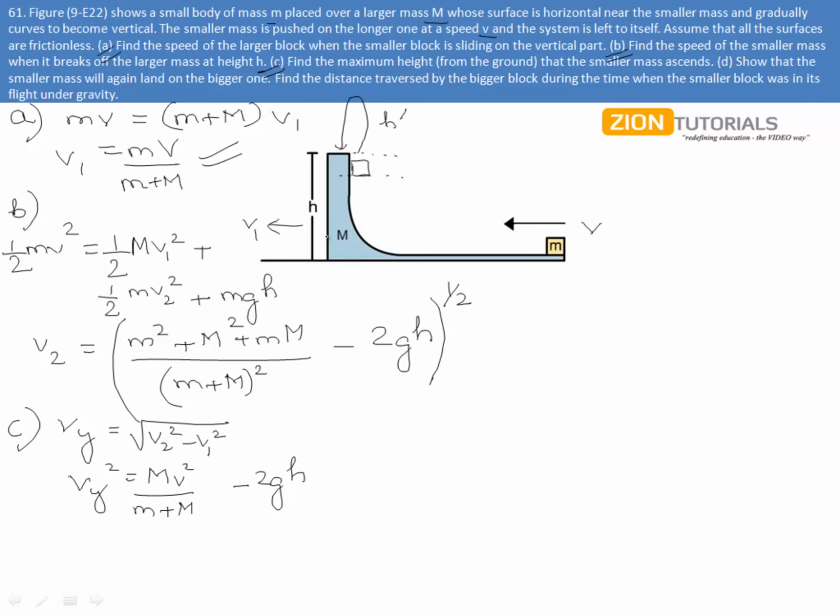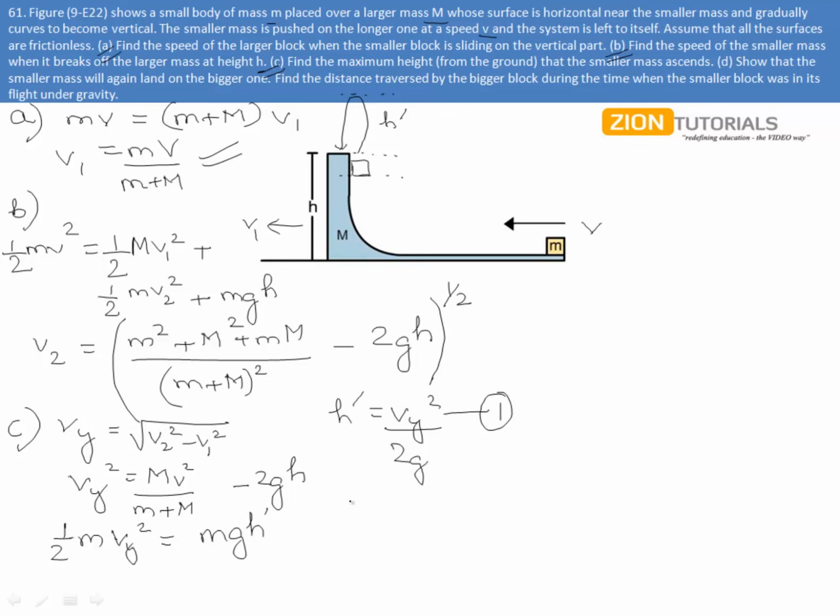Moreover, when it is leaving contact from this point and coming to this highest point, it will come to rest in the vertical direction. So I can say that half m vy square, that is the kinetic energy there, will be converted to mgh dash. Now this is because of the vertical motion. So I get the value of h dash to be vy square by 2g. Let us mark it as equation number 1.